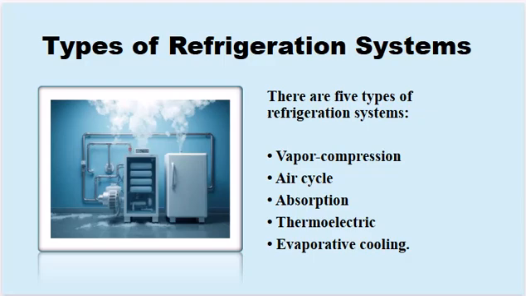Absorption: relies on a heat source to drive the refrigerant cycle, using absorbents like lithium bromide or ammonia. Thermoelectric: uses the Peltier effect to create temperature differences for cooling. Evaporative cooling: involves the evaporation of water to cool air, commonly used in arid climates.